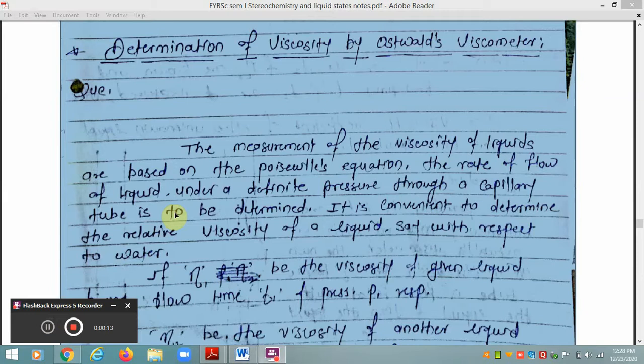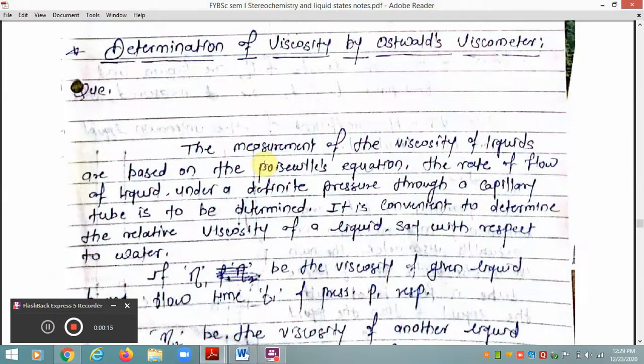Dear friends, in the last part of the video, we discussed the various physical properties of the liquid state, particularly surface tension and viscosity. We also discussed how viscosity and surface tension can be determined experimentally with the help of different techniques.